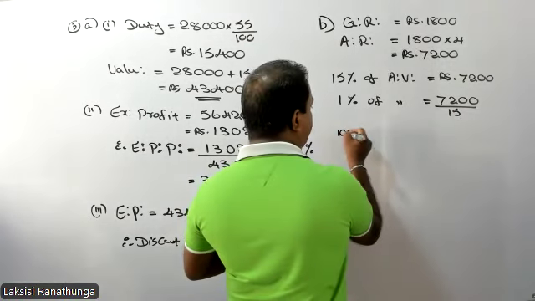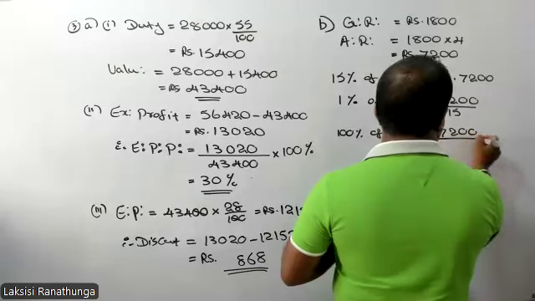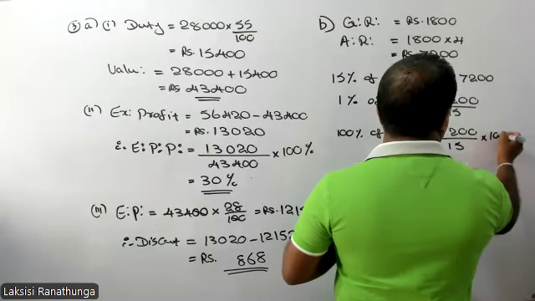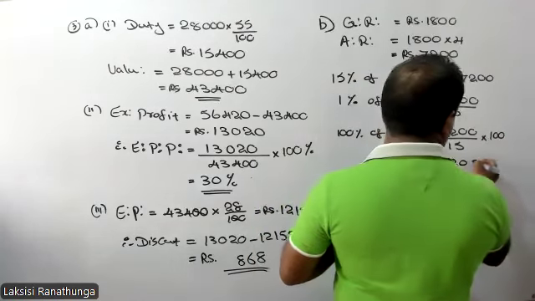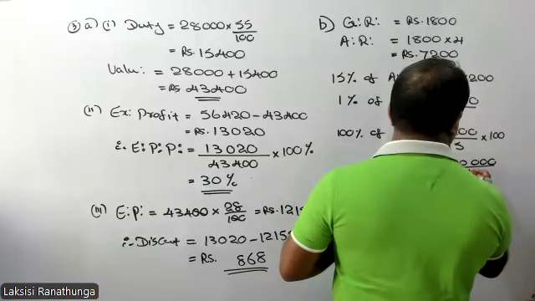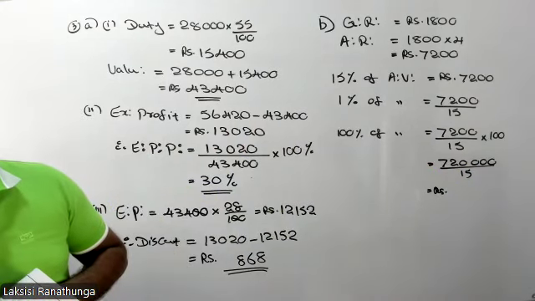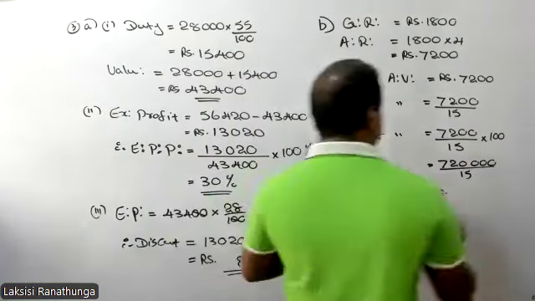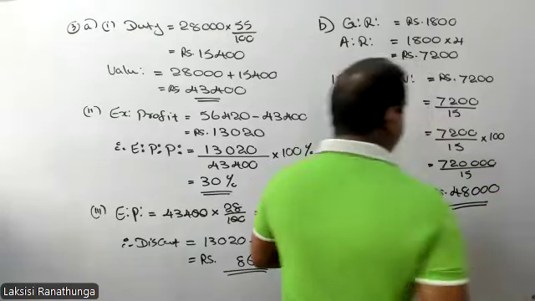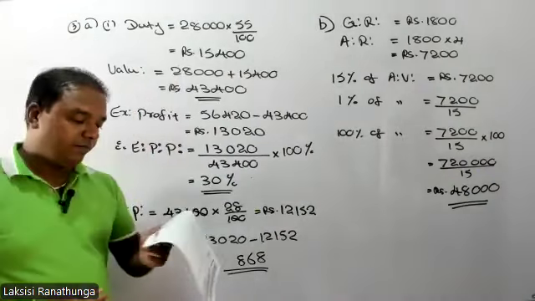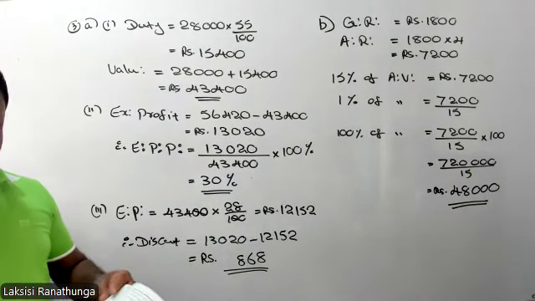Then you find 100% of assessed value: 7,200 divided by 15 multiplied by 100. So it is 720,000 divided by 15. Then you will obtain 48,000 rupees. Annual assessed value of the property is 48,000 rupees. That's all.